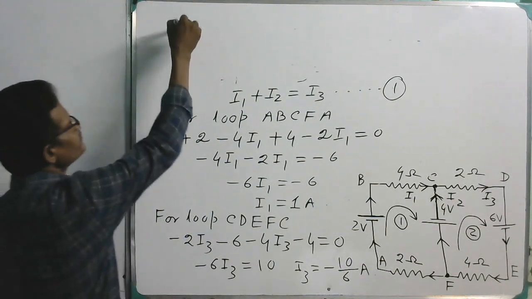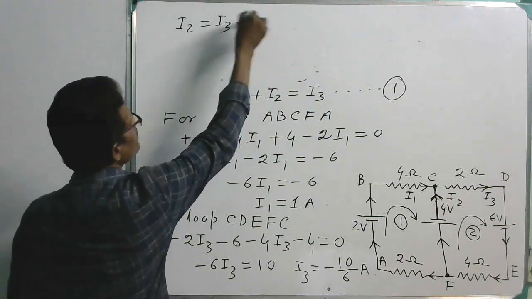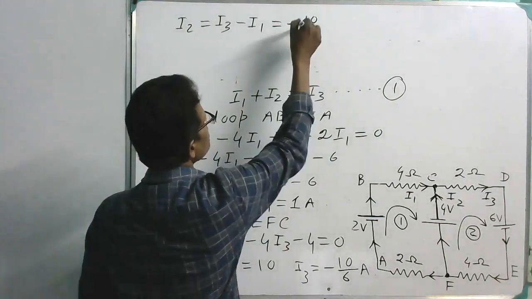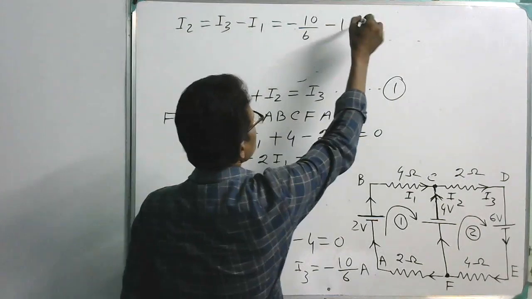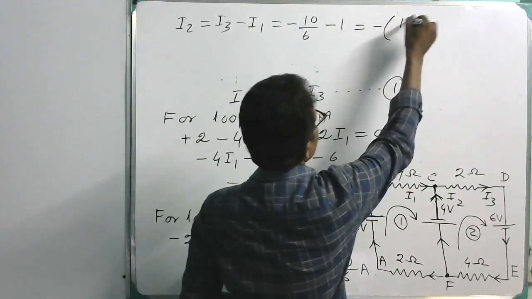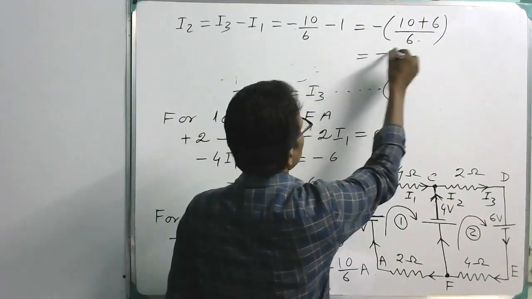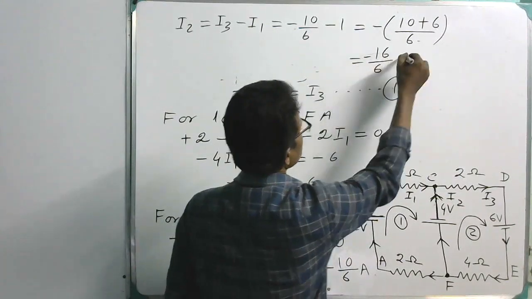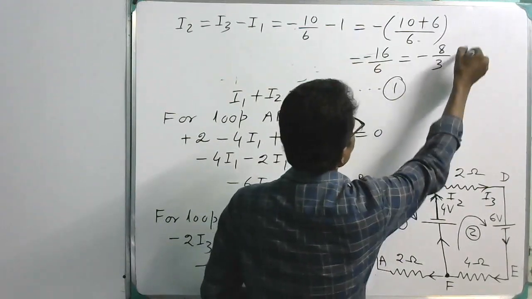So I2 equal to I3 minus I1, or minus 10/6 minus, this is 1 ampere, or minus, take it out, 10 plus 6 by 6, so minus 16/6, or this is minus 8/3 ampere.